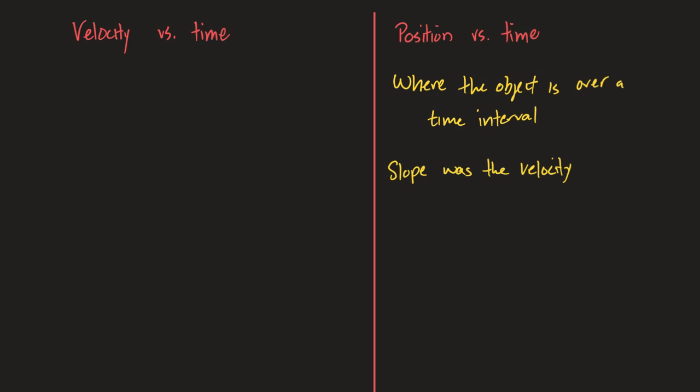We also discussed a velocity versus time graph, and I think, again, what does it tell us? Well, first, it tells us how fast and in what direction the object was traveling. That's what it tells us. How fast and in what direction the object was traveling.